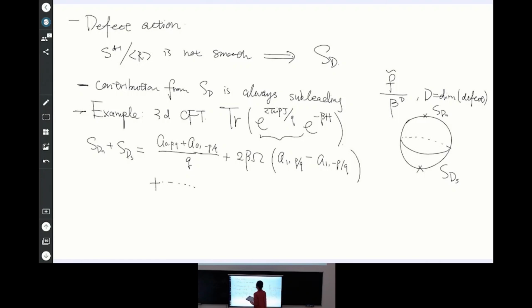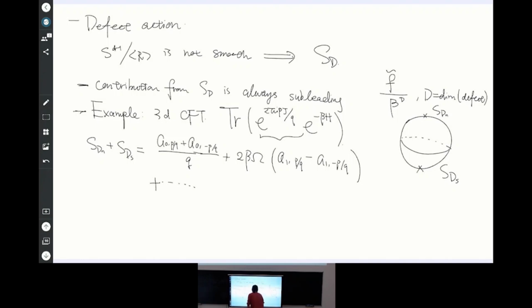Okay, I only write down the first two terms in the defect action. What I want to emphasize is that all this A0, P over Q, they are Wilson coefficients in the defect action. So unlike in the thermal effective action, all the Wilson coefficients themselves are sensitive to the rotation angle.